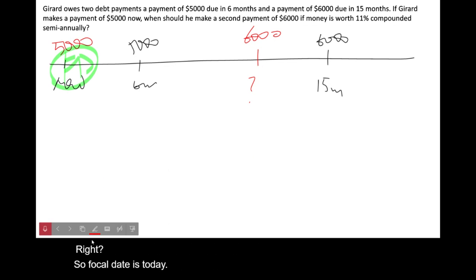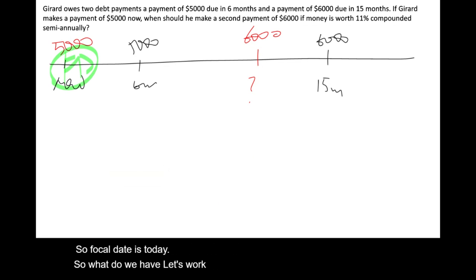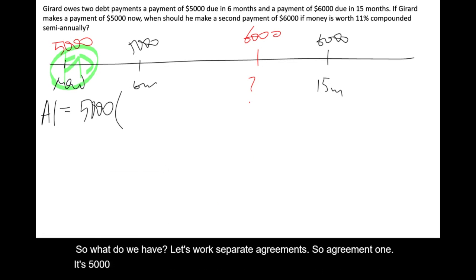Okay, so what do we have? Let's work separate agreements. Agreement 1 is 5,000 at 11% semi-annually.